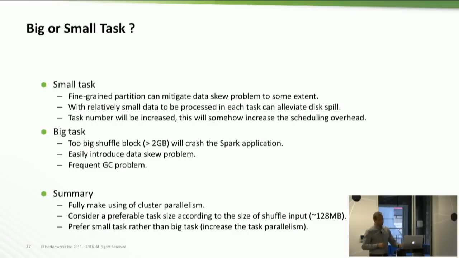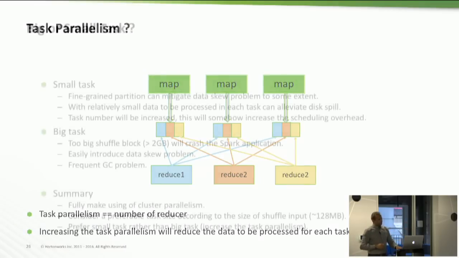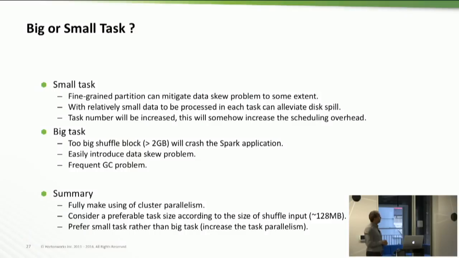And if you remember the previous 2 slides, this is essentially trying, on the reduce side, to have a wide funnel. And what this does is it will try to reduce the data skew. So I'll summarize this point as saying, prefer a lot of small tasks rather than having a big task.